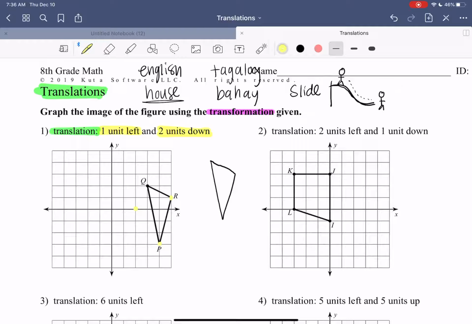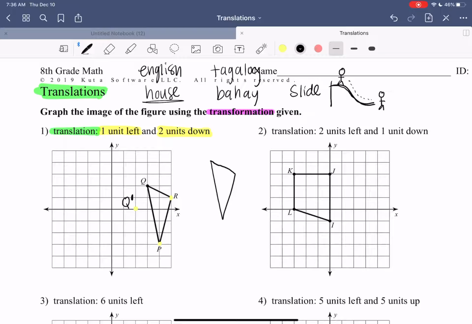Just like in English it's called house, but in the Philippines, it's called bahay. So when we move our Q vertex to a new location, it gets a new name. And that new name is called Q prime. The prime is indicated by this line that I'm drawing right now.